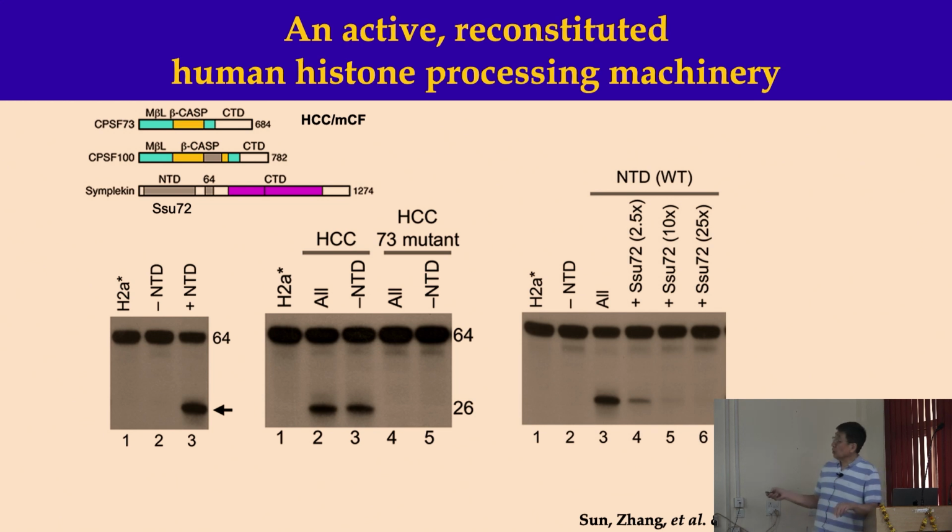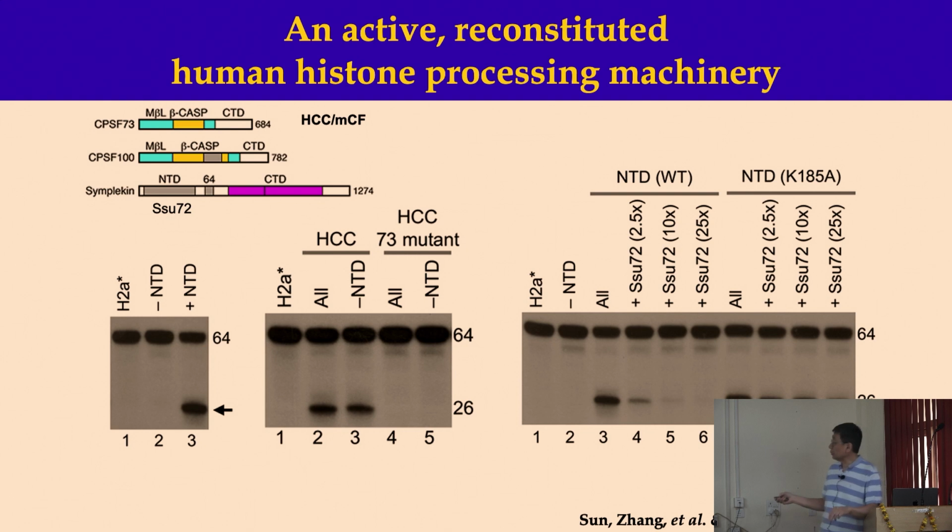Now I showed you the NTD binds SSU72, and it turns out that in the reaction that uses NTD as a separate protein, SSU72 actually is the inhibitor of the reaction. It inhibits pretty potently. And from our studies back then, we know if you make a single site mutation in the NTD of Symplekin, you block binding of SSU72.